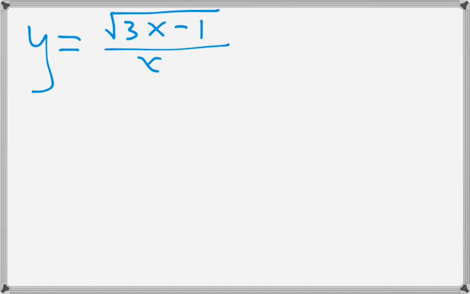Alright, here we have y equals the square root of 3x minus 1 over x minus 4. So again, two things we need here. We need the denominator to not be 0.